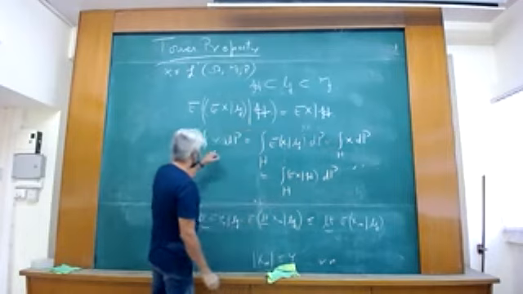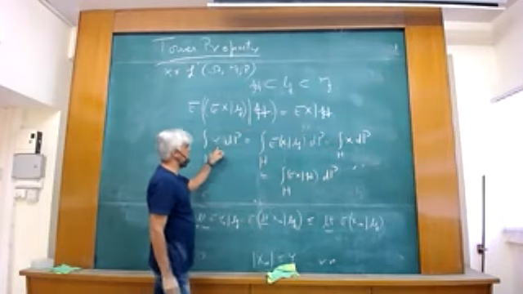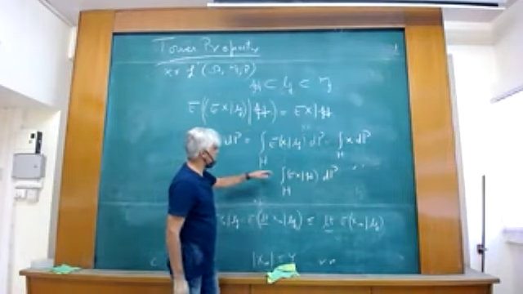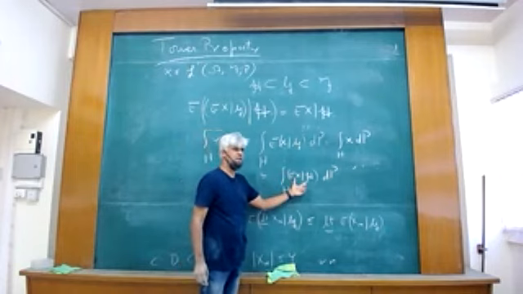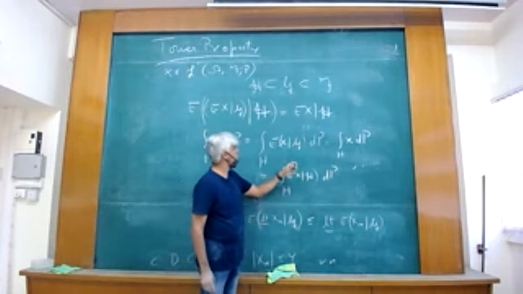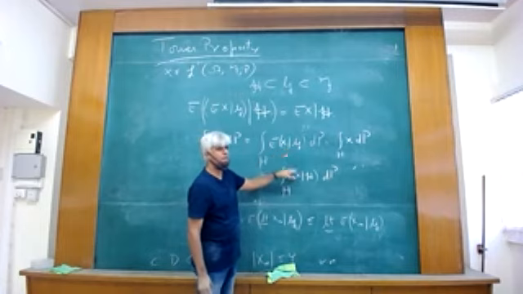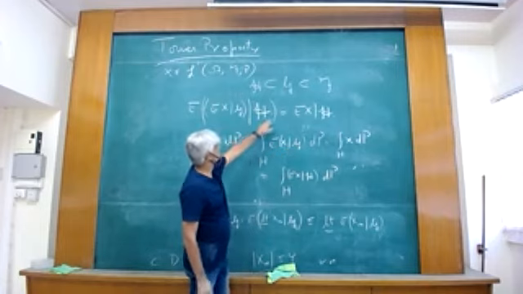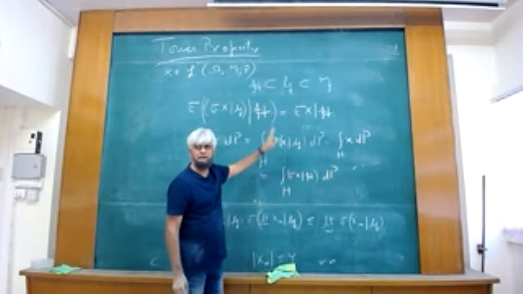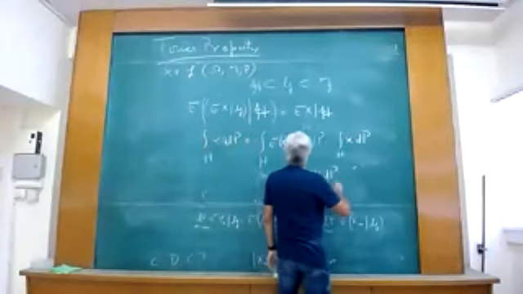We are looking for a random variable Y which integrates like this on all sets H, and indeed E of X given H does that. So this does the job, and this is equal to the conditional expectation. So hence this property is true. This is called the tower property.